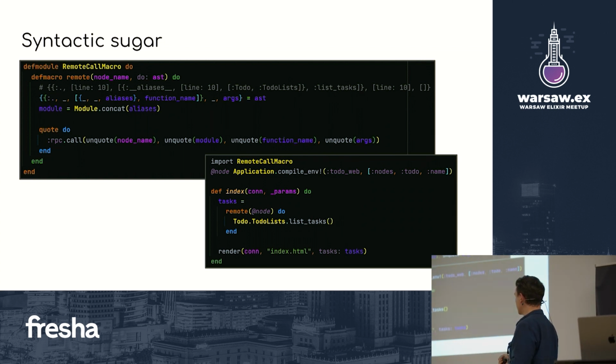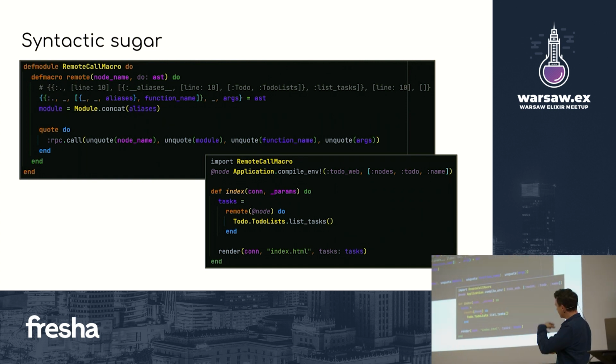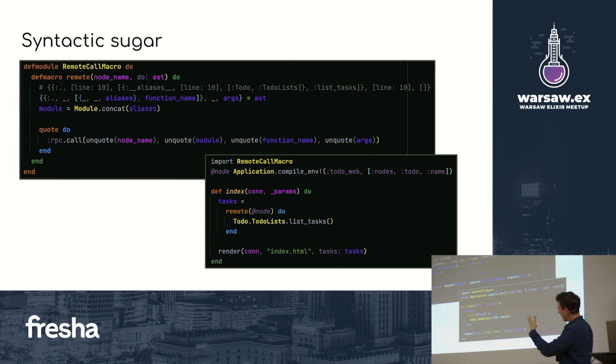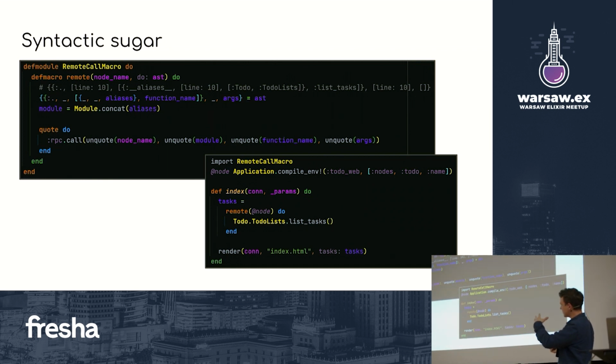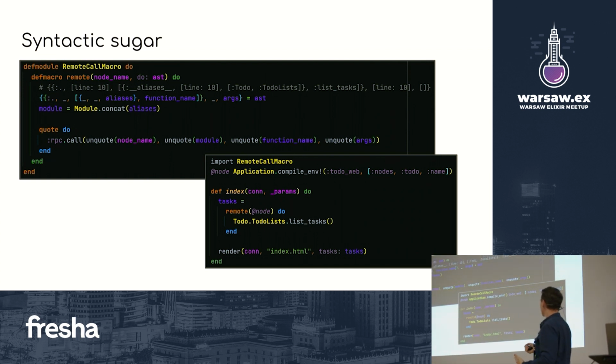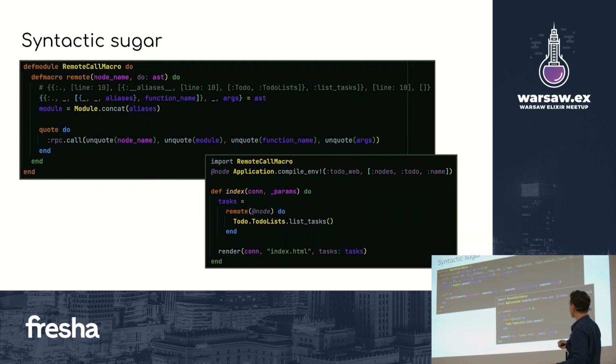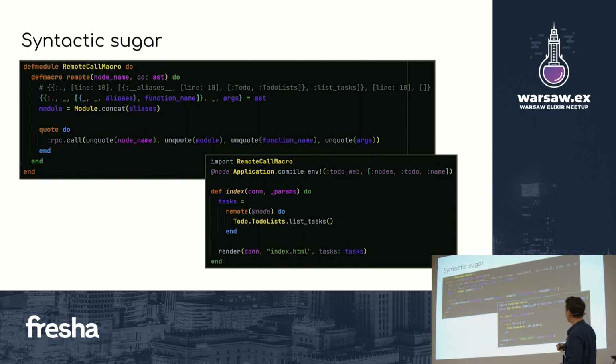So here it looks like we have code, but underneath this code is transformed to AST during compile time, and the macro transforms this AST to any AST that we like, and in this case, RPC. So from this point, it looks like this, but underneath we've got this old RPC call.